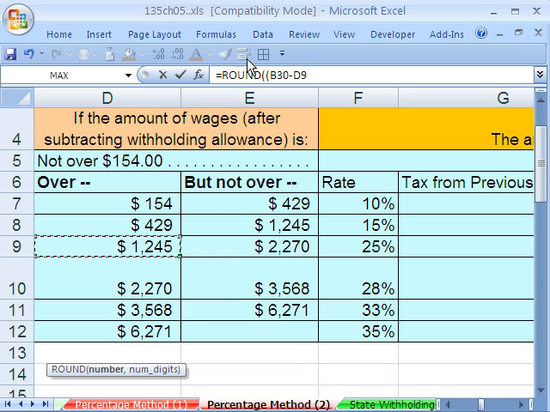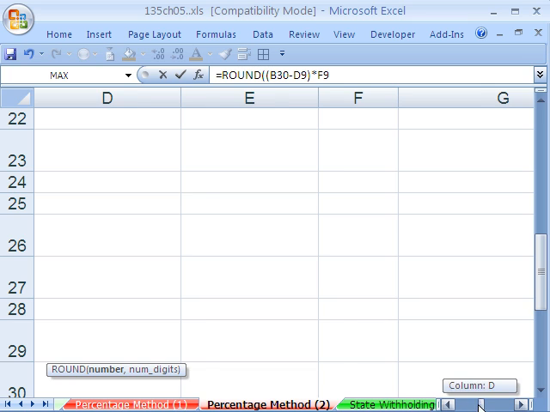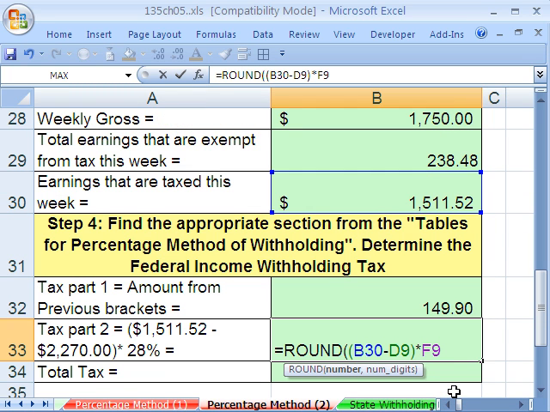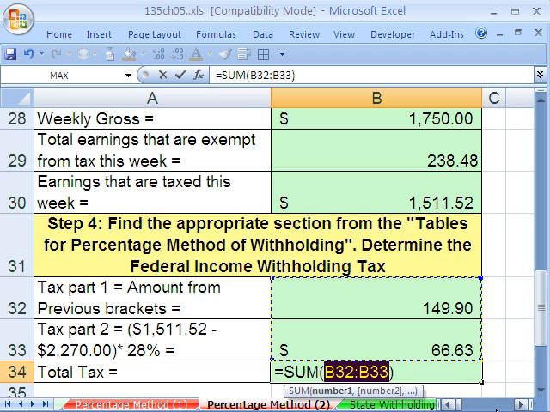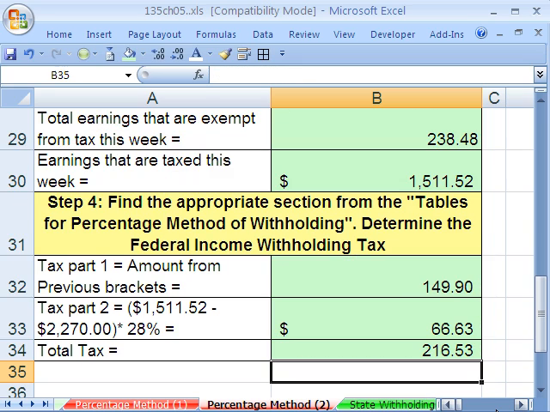I'm going to close parentheses, and watch this up here. Close parentheses, times, and now I'm going to get this rate. Now I can scroll down because it'll be a little bit easier to see here. Comma 2, close parentheses. Enter. And then Alt equals to add them up. So that is the percentage method.